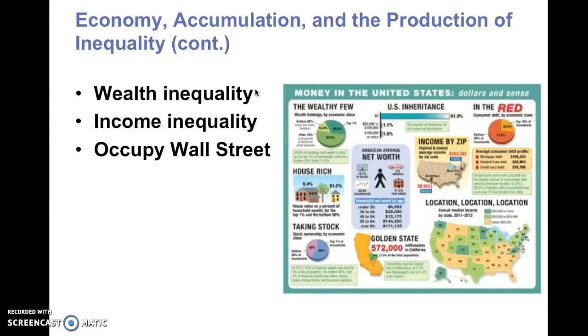In the U.S., it's about, I think, 77 cents on the dollar for women. Occupy Wall Street, that movement a few years ago, originated in Canada. It tried to address or bring to attention the wealth distribution issue and the income distribution issue in the U.S.